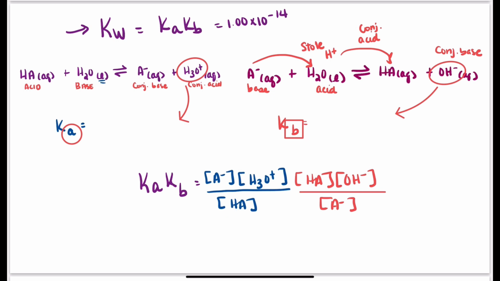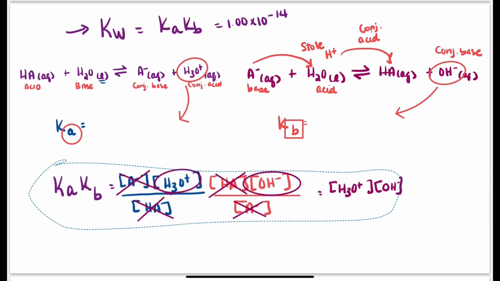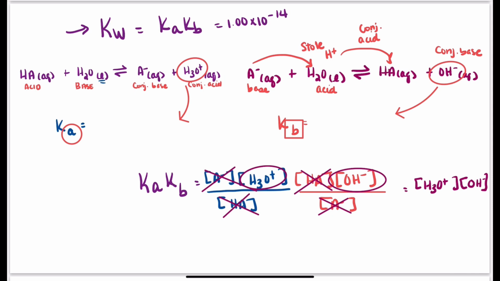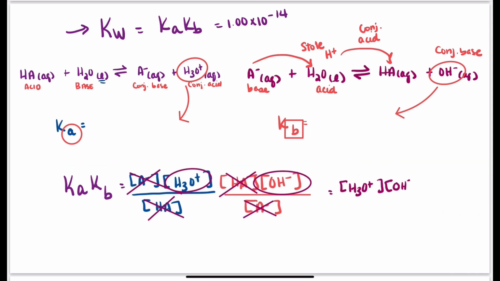HA and HA, A minus and A minus, and what's left over? H3O plus times hydroxide ion concentration is what's left over, which equals Kw.